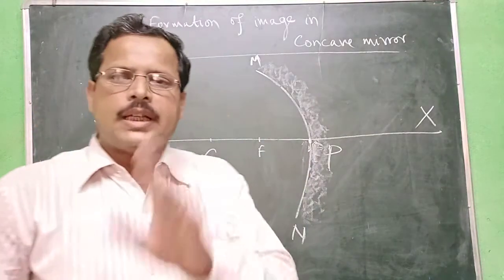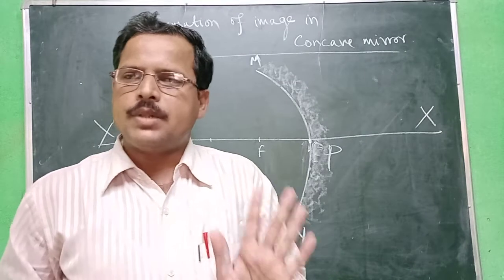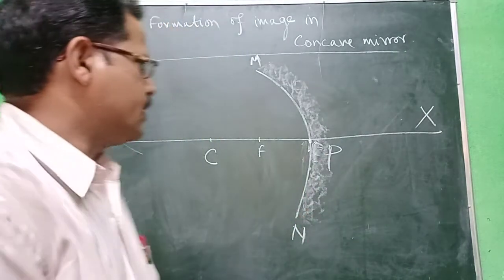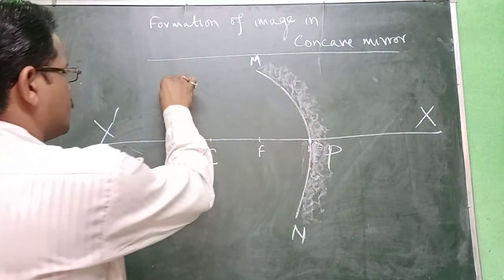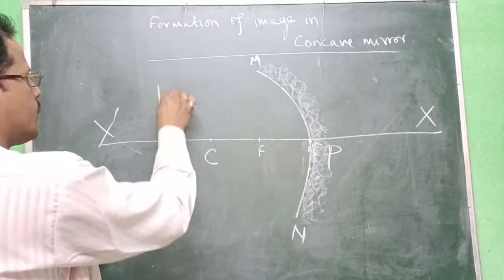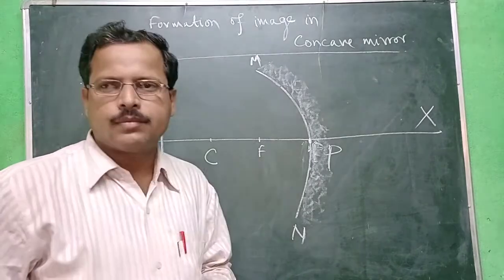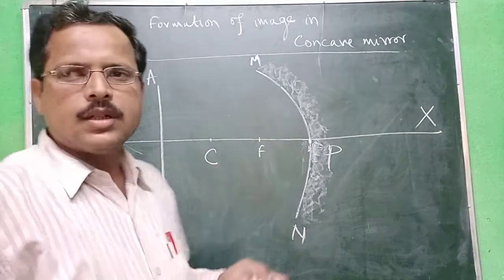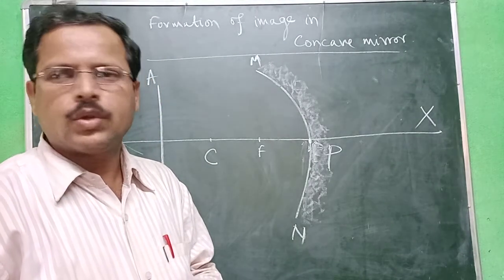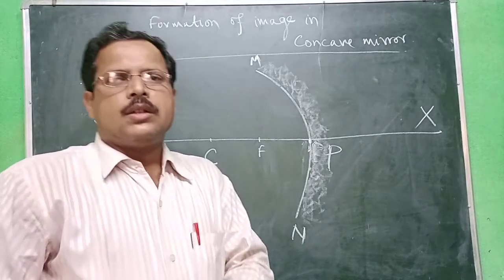So in case 1, let us take the object far away at infinity. So what happens? Suppose AB is the object here.